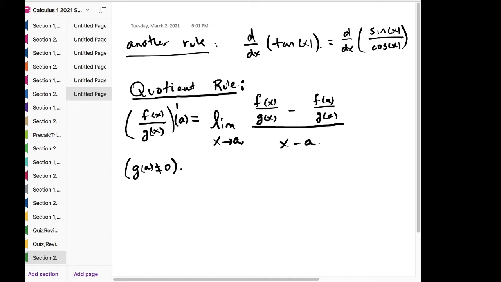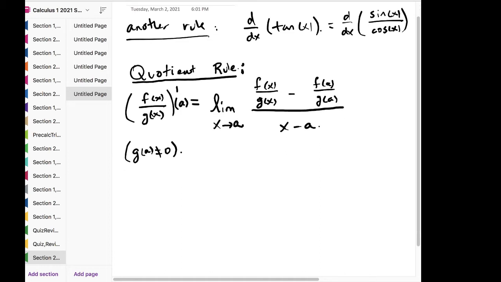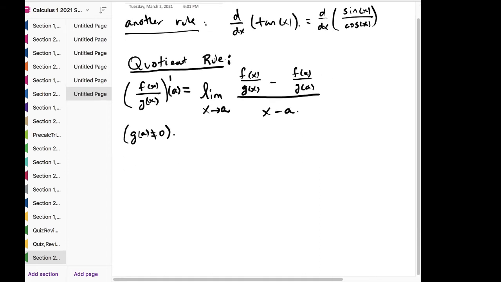Right, this is the derivative. Okay, so now what? How would you proceed? Any obvious steps? Or obvious first steps?